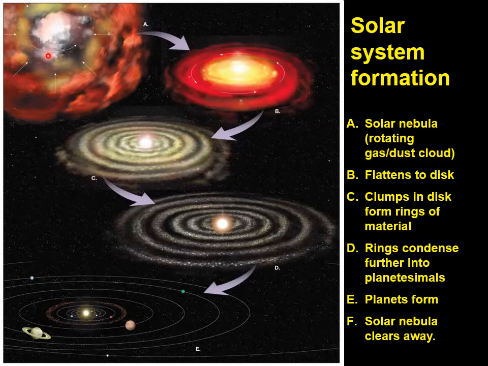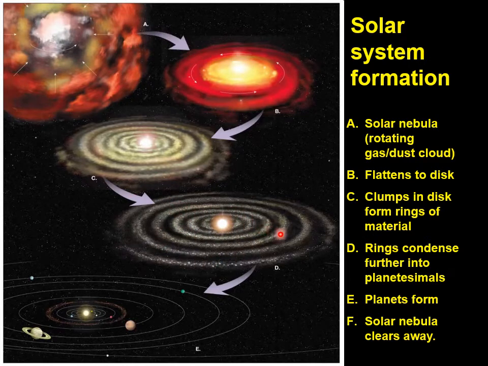And as it spins faster and faster, it starts to flatten out into a disk. That's shown here in step B. And then in step C, we see the star forming in the center of the disk, and around it you can see that the clumps in this disk start to form rings of material.